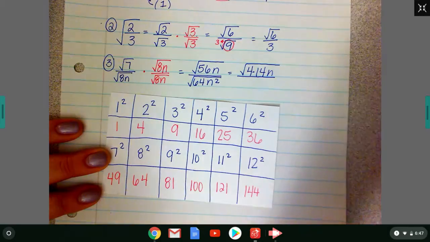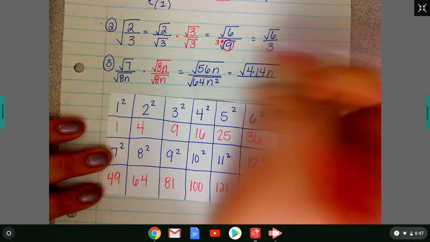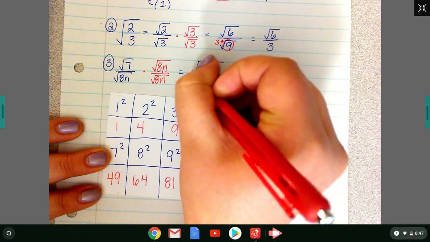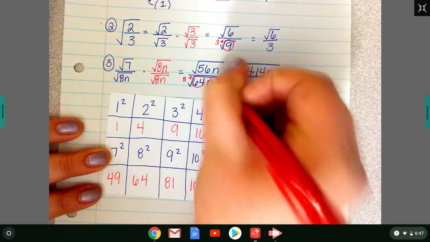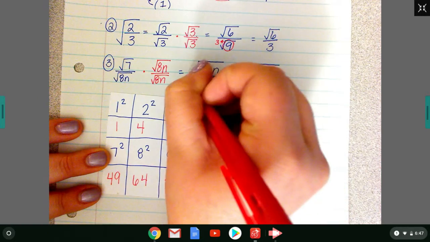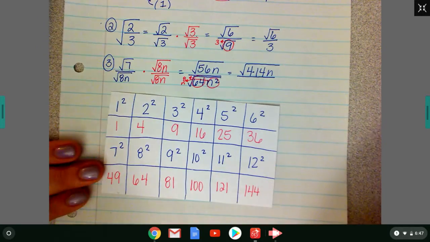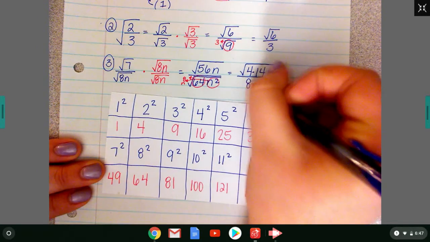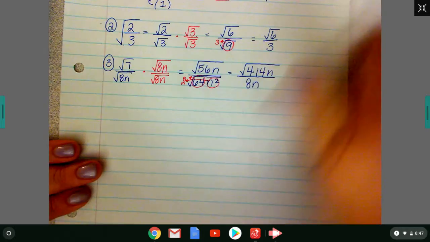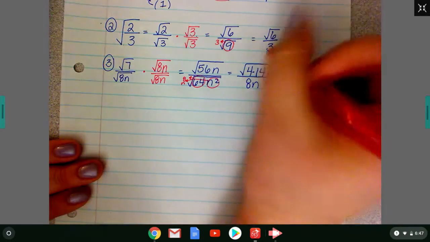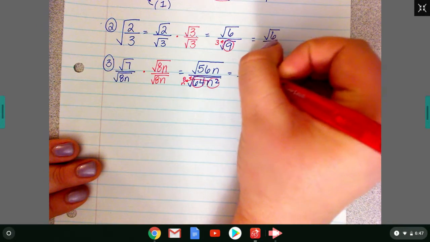And on the bottom, 64 is a perfect square. So right here, we can pull it out. That'll become an 8. And this will also pull way over here to be an n. So on my bottom here, I just have 8n. And on my top, the 4 will break out of jail.